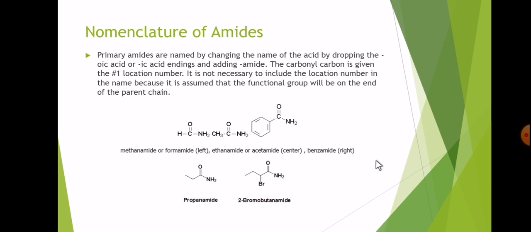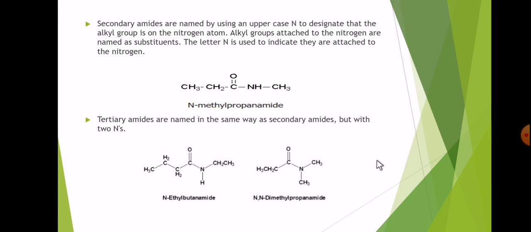So for naming of secondary amides, we have to use an uppercase N to designate that the alkyl group is on the nitrogen atom. Like here in this example, this is our amide group, C double bond O and N, and here we have a methyl group.